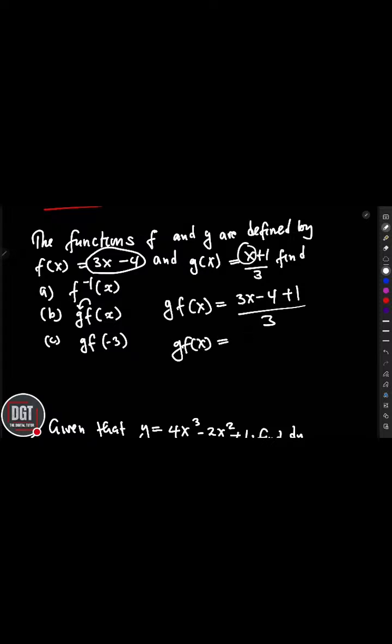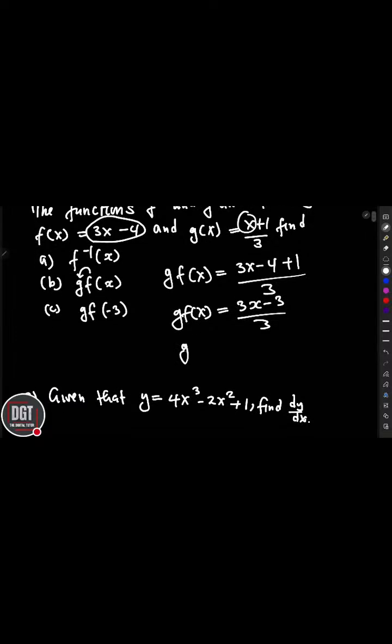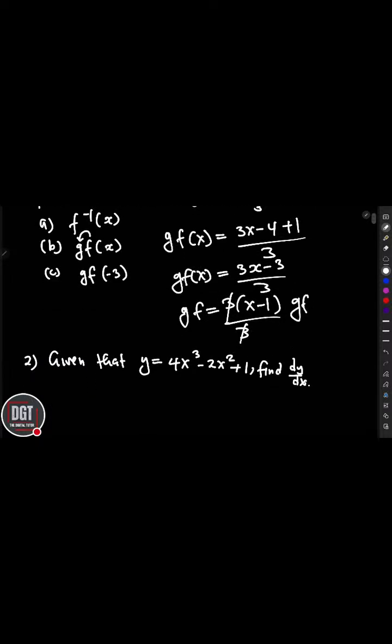So gf(x) equals 3x minus 4 plus 1, which is 3x minus 3 over 3. Now, the way it is here, you can do something on top: you can factorize. The common factor is 3, so 3(x minus 1) divided by 3. The 3 and 3 can go. Then you have gf(x) equals x minus 1.